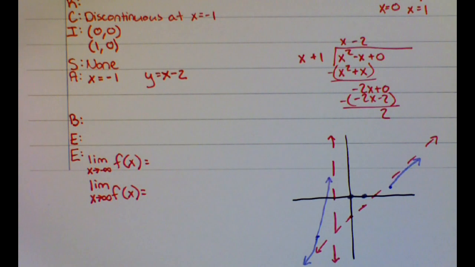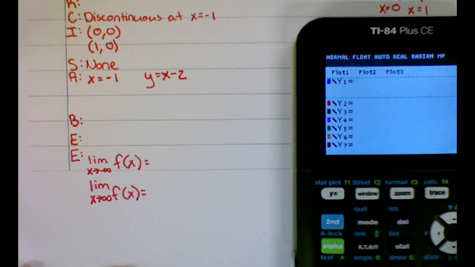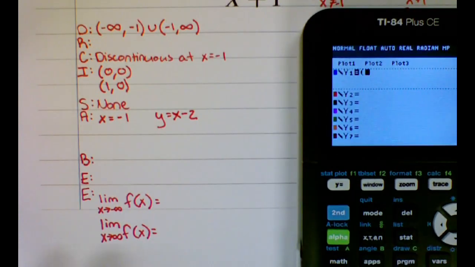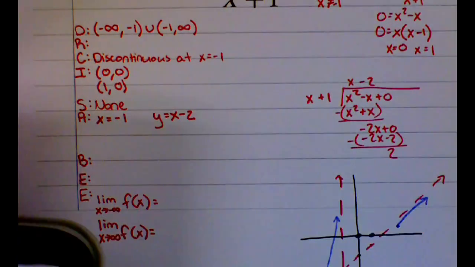The other parts are the weird parts. And this is where your graphing calculator is totally okay to use. Make sure you put parentheses around the numerator, x squared minus x, and parentheses around the denominator. All right, I was wrong about my function, wasn't I? I plotted something somewhere wrong.